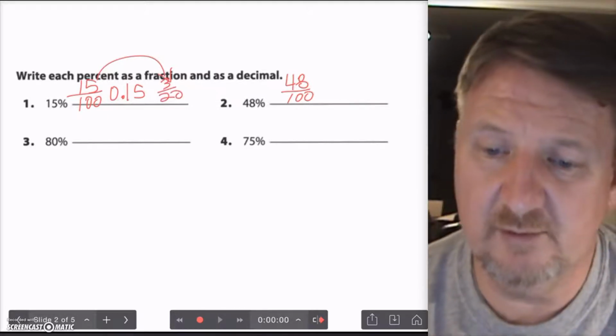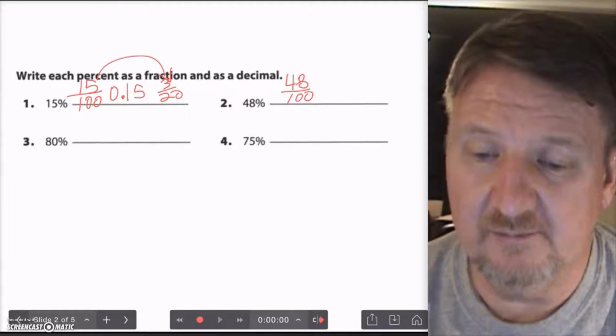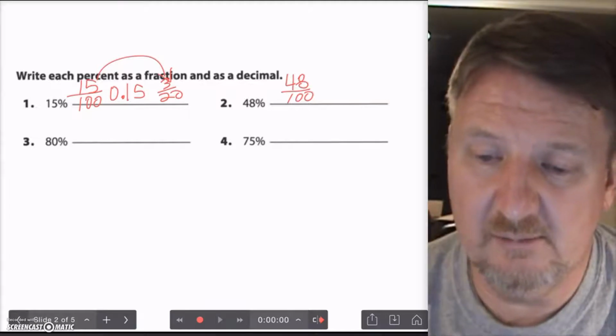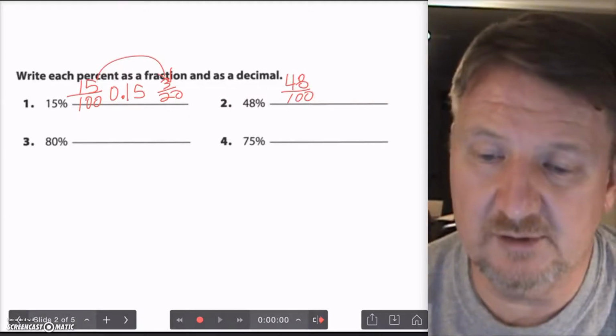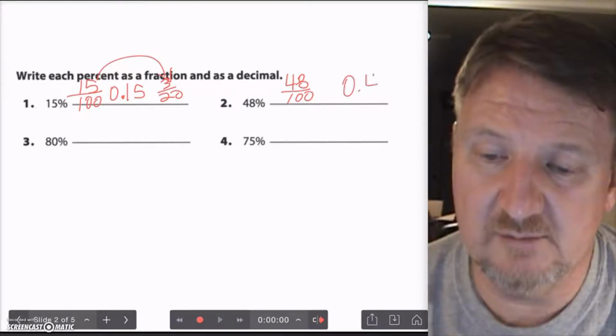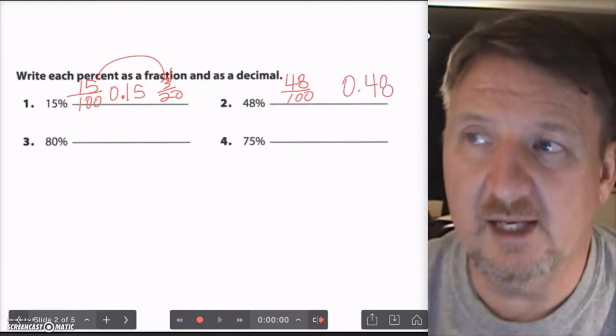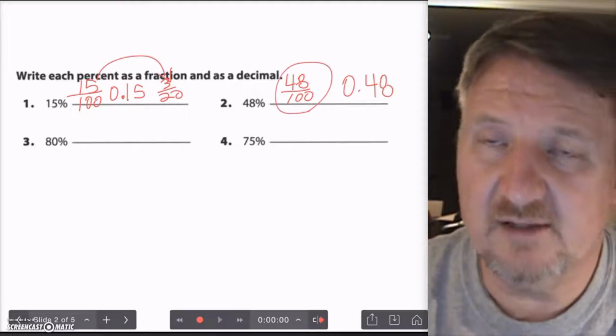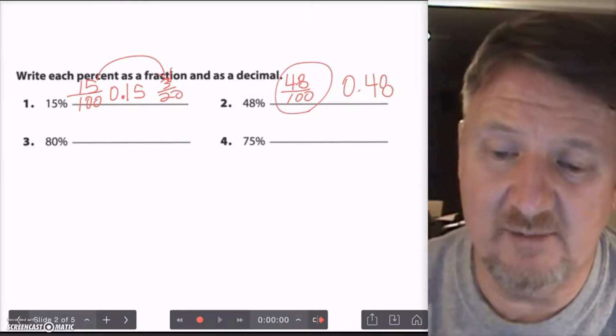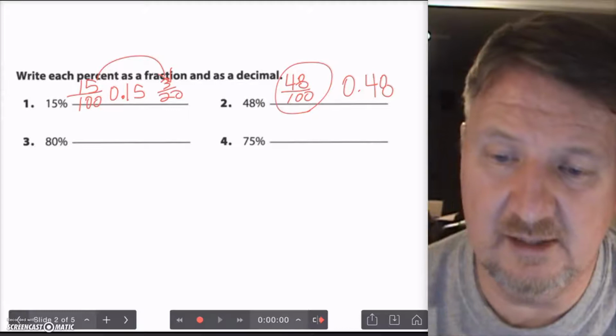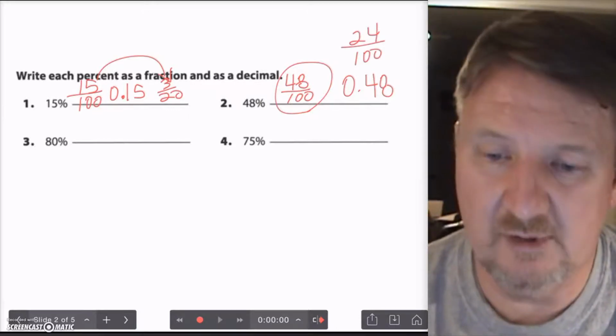So that's also equivalent. Let's go ahead and turn 48 into a decimal first because that's super easy. If I don't know the greatest common factor for 48 over 100, then I can divide by 2, and I can get 24 over 100.